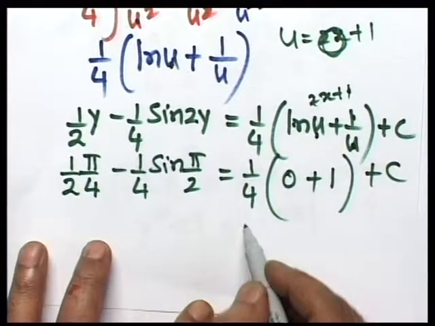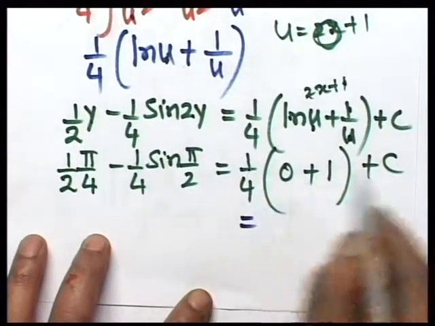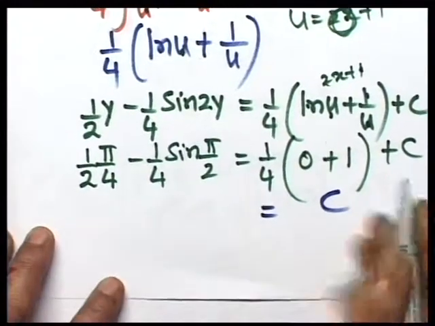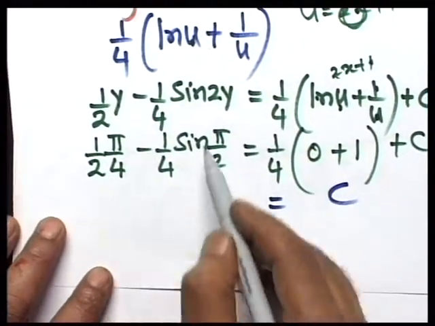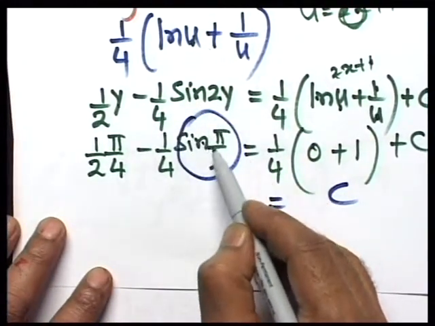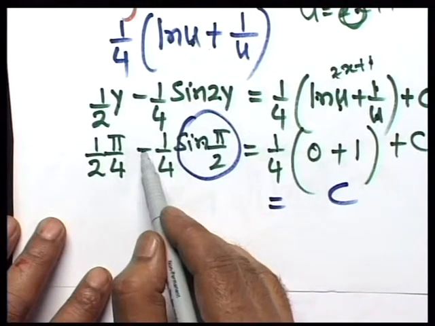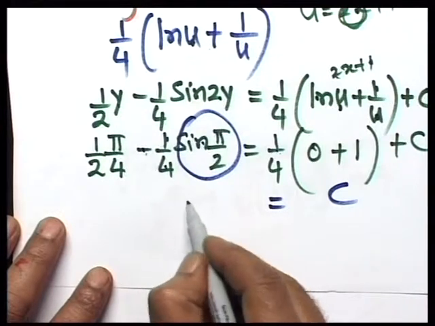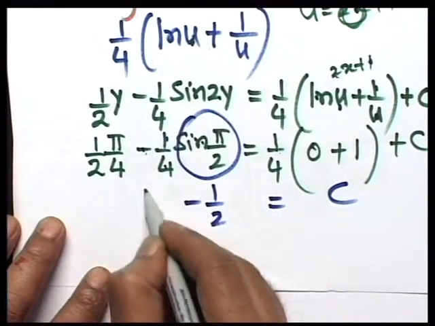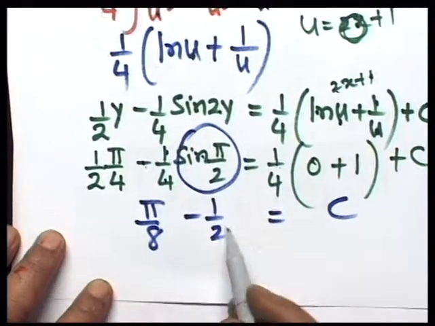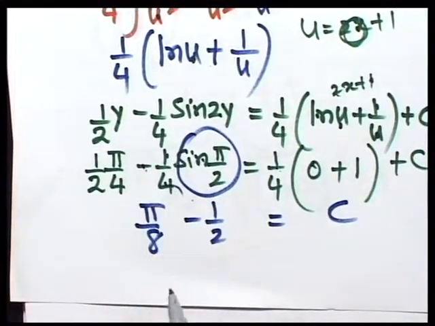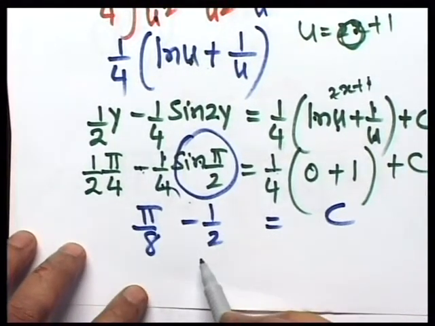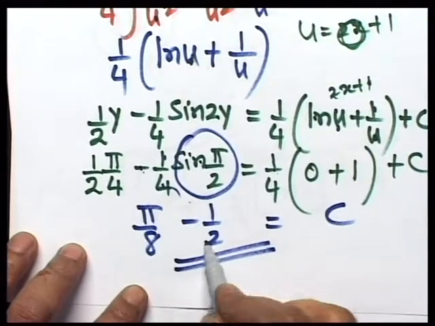We got that. This whole thing is just a quarter, and c is equal to, transfer that to the left hand side, sine pi over 2, please. Sine 90 is 1, right? So minus a quarter is minus 2 quarters, which is a half. So minus a half, this is actually pi over 8. Guys, listen, watch out please, that's the value of c.